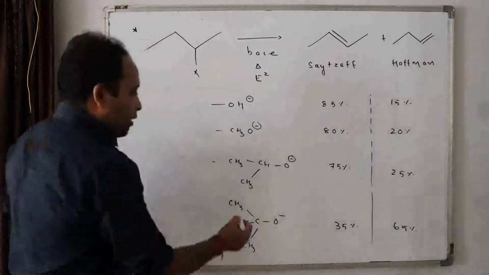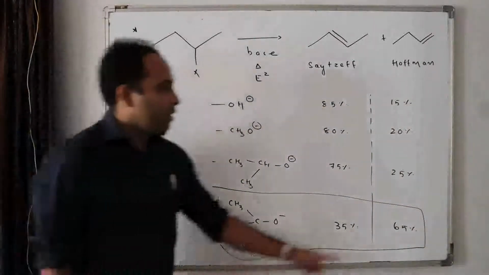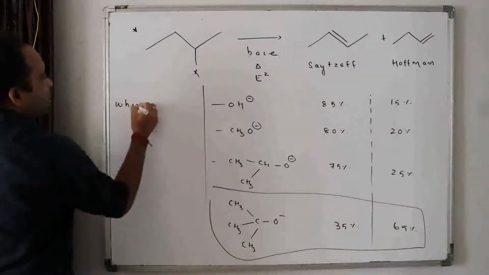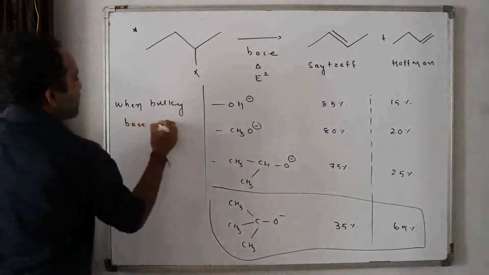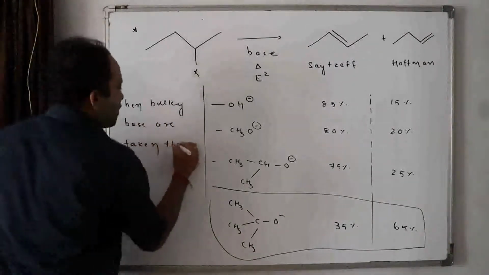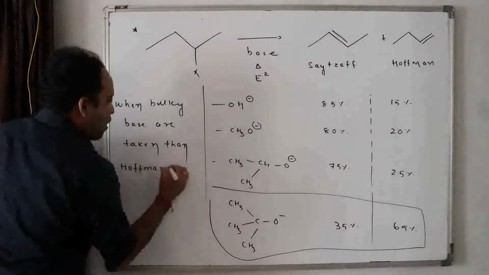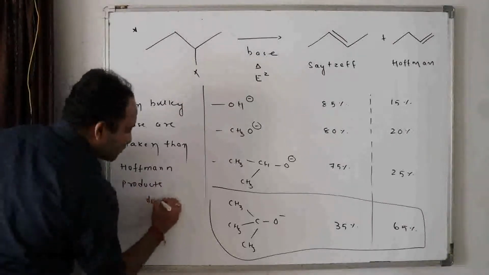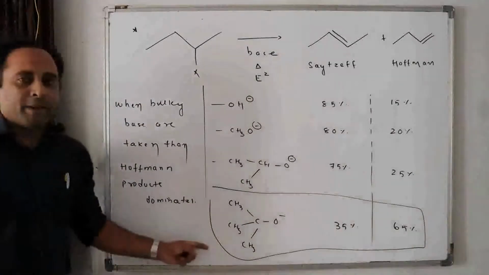Do you mark one thing? When the base is bulky, which product is dominating? Hofmann. I can write a point here. When bulky bases are taken, then Hofmann product dominates.